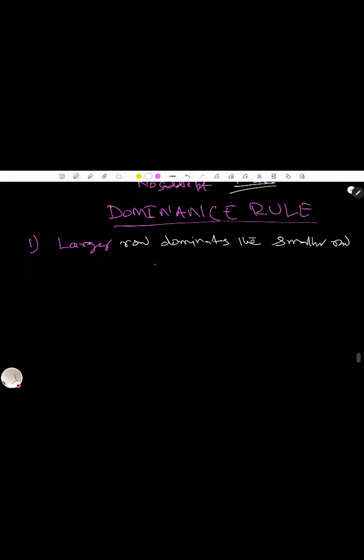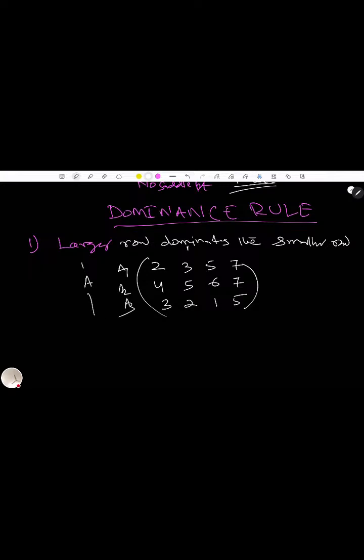Suppose you have the rows 2, 3, 5, 7; 4, 5, 6, 7; 3, 2, 1, 5. Suppose this is a matrix here. This is my player A, A1, A2, A3, and this is suppose my player B, here B1, B2, B3, B4. So now you see here. If you compare this row with this row, you see the individual positions: 4 is greater than 2, 5 is greater than 3, 6 is greater than 5, 7 is equal to 7.